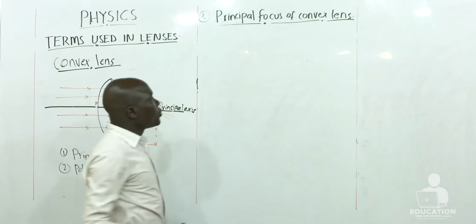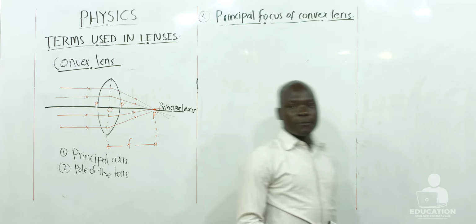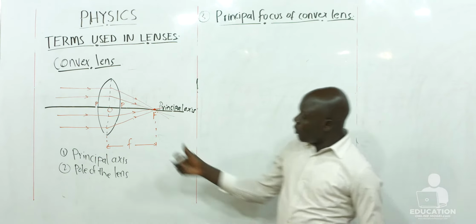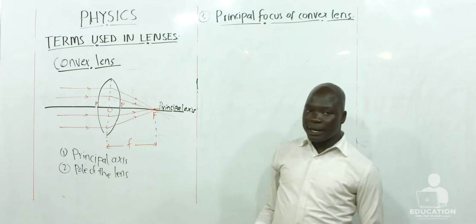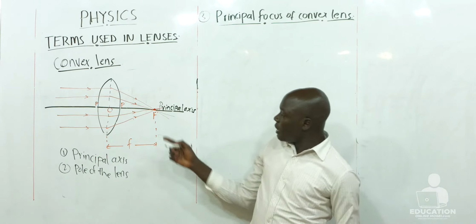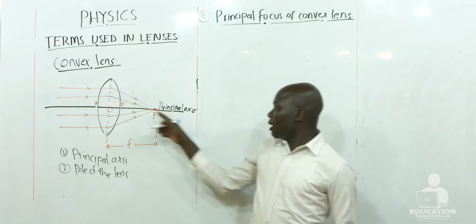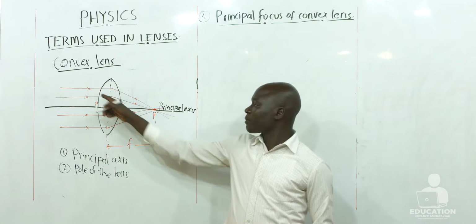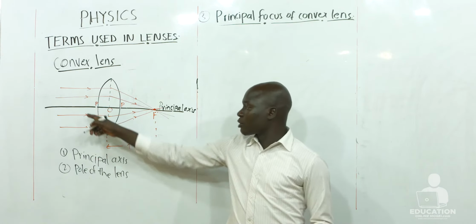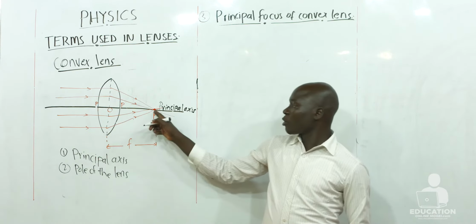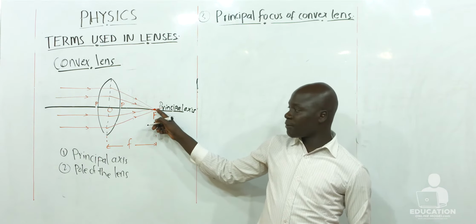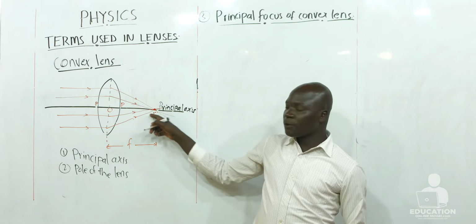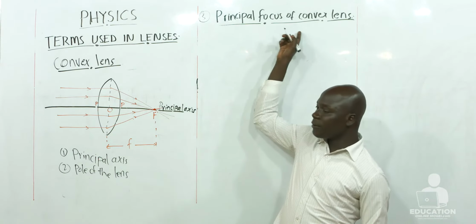Dear learners, what do we understand by the principal focus of the convex lens? Looking at our ray diagram, we shall find that the point along the principal axis where all rays that are parallel and close to the principal axis converge after refraction, this point is what we call the principal focus of a convex lens.